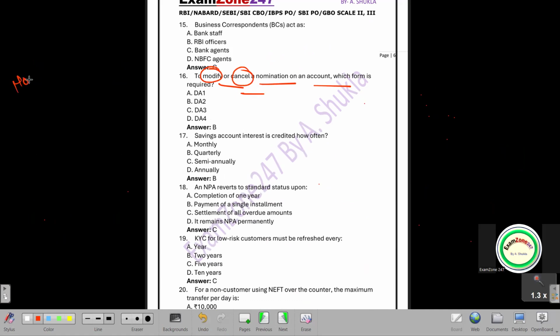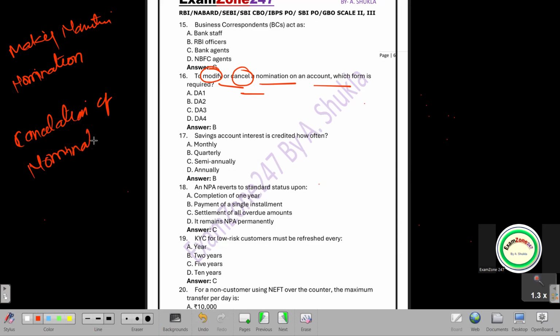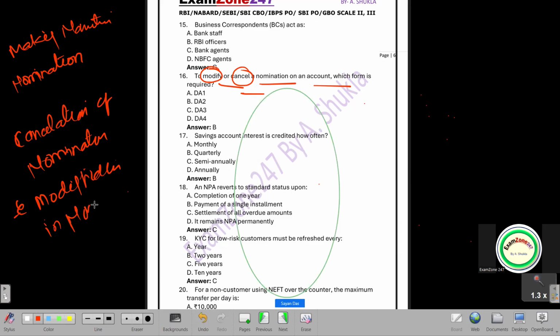There are three things: making a nomination, cancellation of nomination, and modification in nomination.